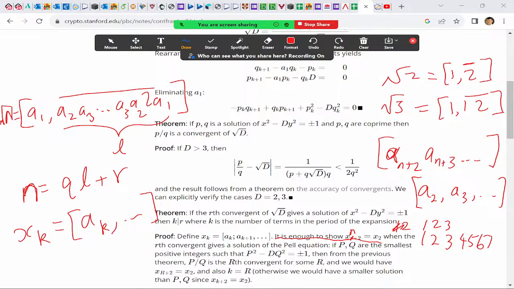Then p over q is the rth convergent for some capital R. And we would have x_{R+2} equals x_2. And also k equals capital R.